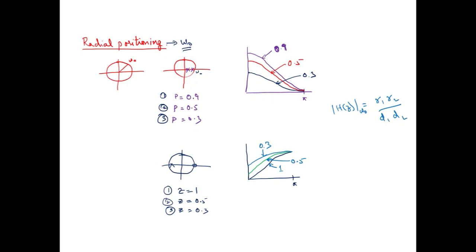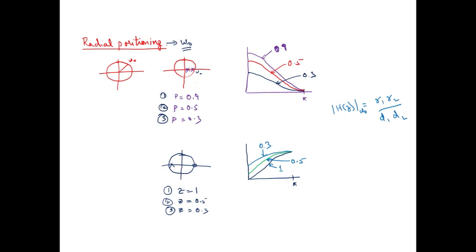Now coming to the radial positioning. We have talked about the positioning of the poles and the zeros in the S plane, where we have seen that if we move the pole horizontally away from the frequency axis, its effect on the frequency axis decreases.